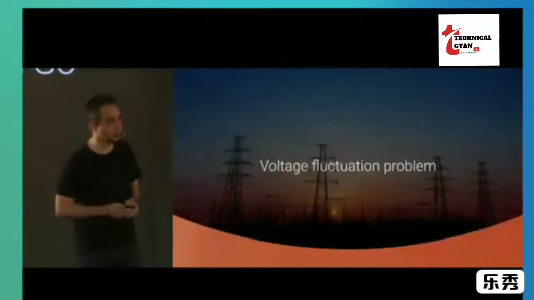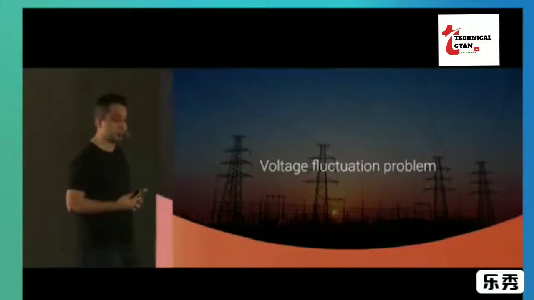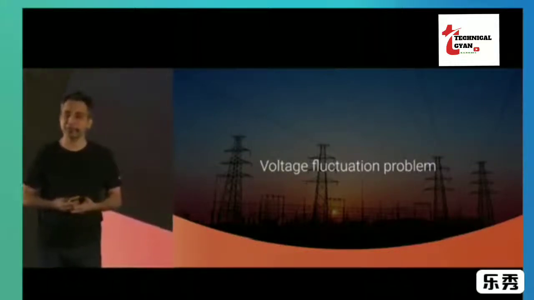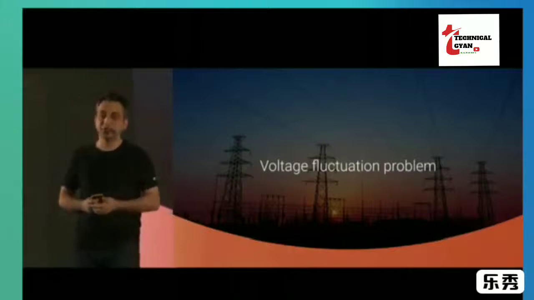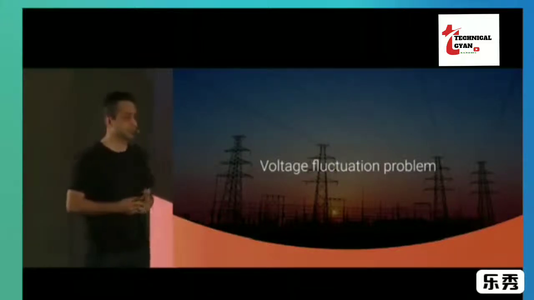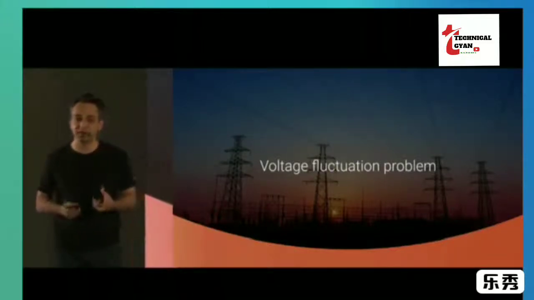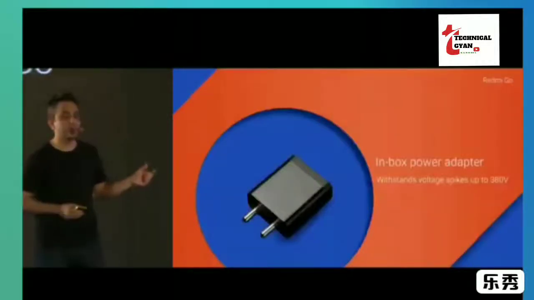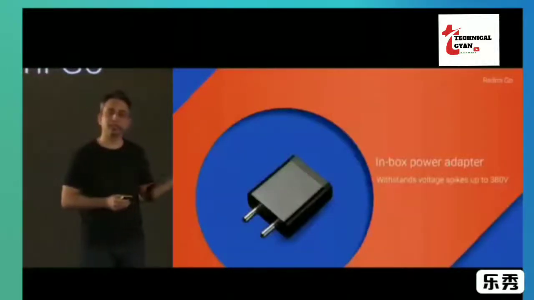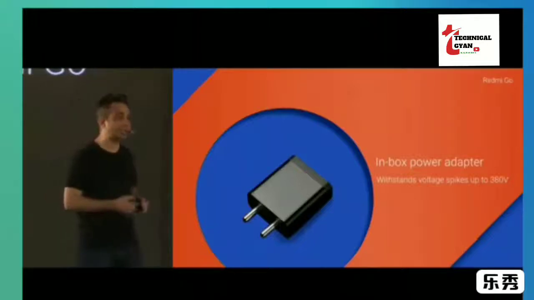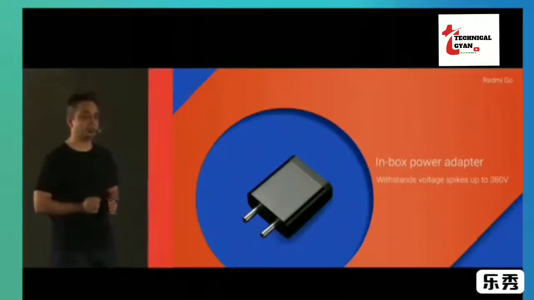Talking about summers, one more thing that we will expect is constant outages and voltage fluctuations in a large part of the country. And for that, something India specific that we've built grounds up for India is the power adapter. Now, the power adapter that comes with Redmi Go can handle spikes up to 380 volts.